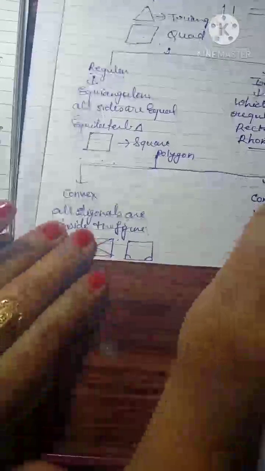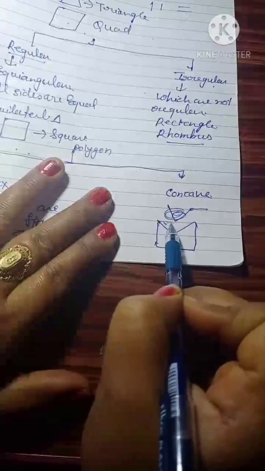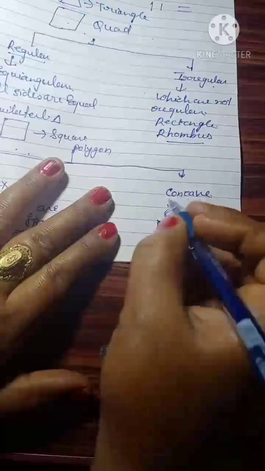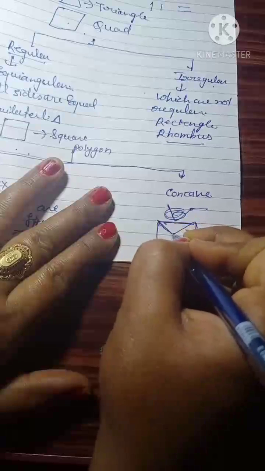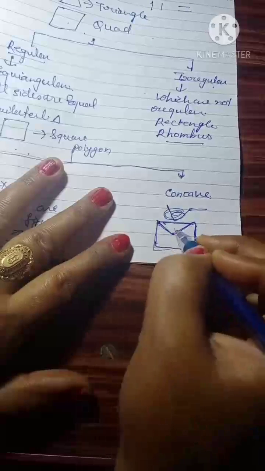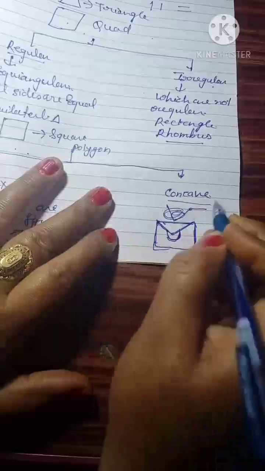You can see that if we join the opposite vertices, it becomes a diagonal. If I join this, it will become a diagonal, and you see that this diagonal is coming out of the figure because this is our actual figure. So you see that this angle is greater than 180 degrees, so it is a concave polygon.